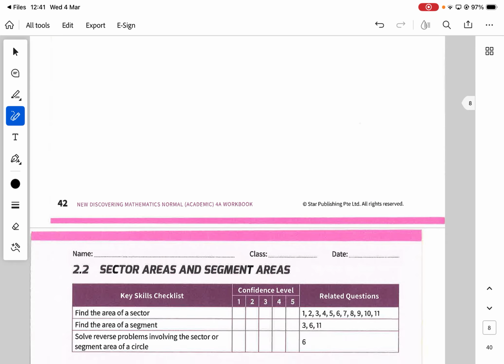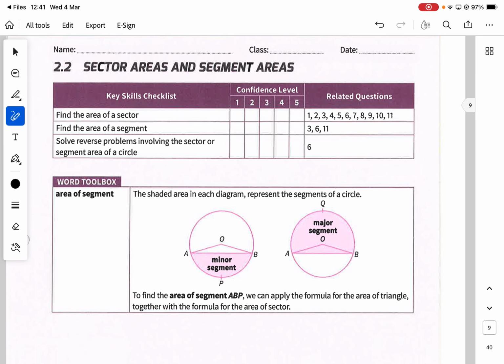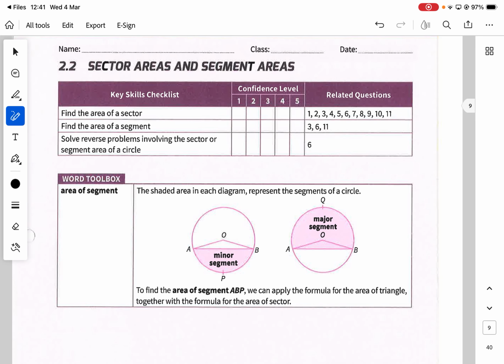Pi r square, correct? So area is equal to pi r square for a circle.